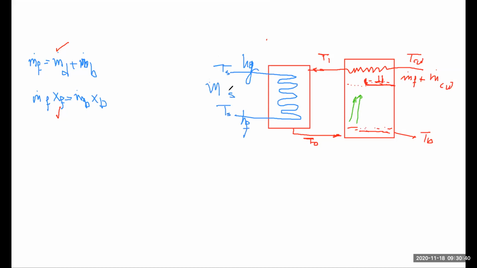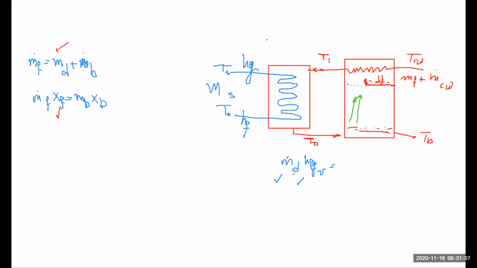Now, the energy balance in the stage would say that m dot distillate into Hfg of the vapor. Do we know this? M dot is 1 kilogram per second, and we know the vapor temperature, so Hfg of the vapor can be obtained.